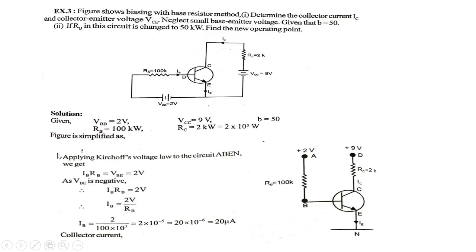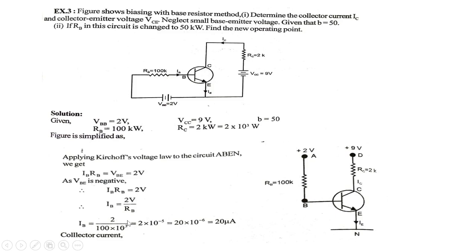Now the figure is simplified as shown in figure. Applying Kirchhoff's voltage law to the circuit ABEN, we get IB RB equal to VBB, that is equal to 2 volt. As VBE is negligible, therefore IB RB equal to 2 volt.